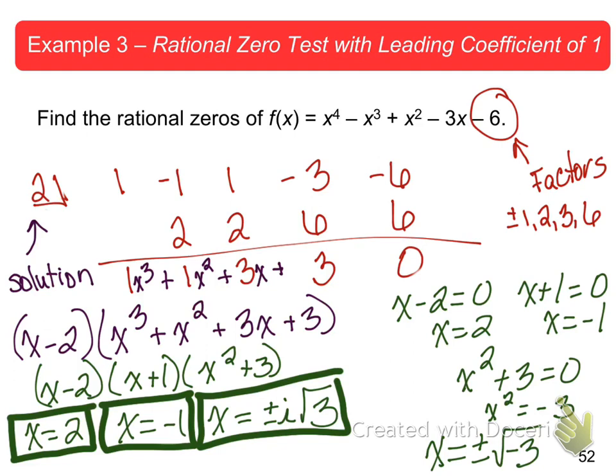Then we have rational solutions. Rational solutions are real. They cross the x-axis. They're alone. A rational number is anything that can be written as a fraction.